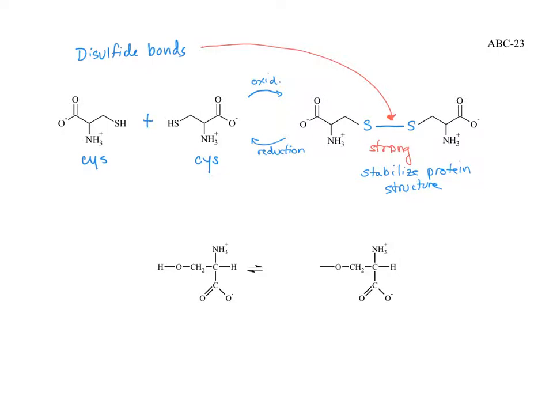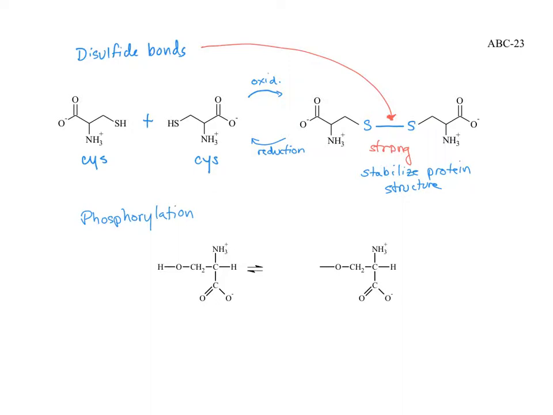The next thing we want to talk about for amino acids is the process of phosphorylation. Now, we've already talked a little bit about phosphorylation or phosphates. We've done the titration of phosphoric acid. We can take that same unit, a phosphate ion, and place it onto three different amino acids.